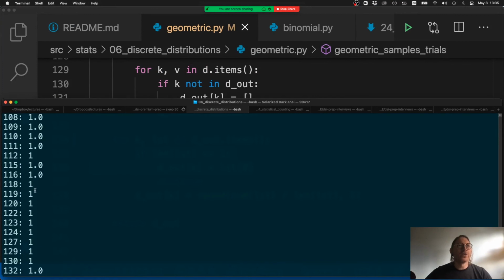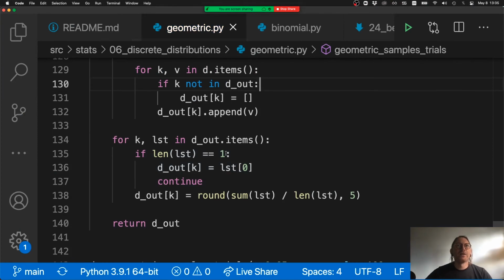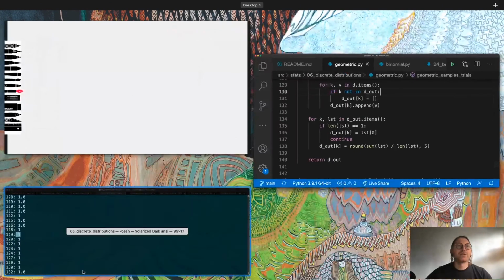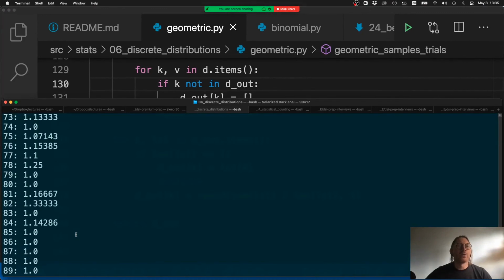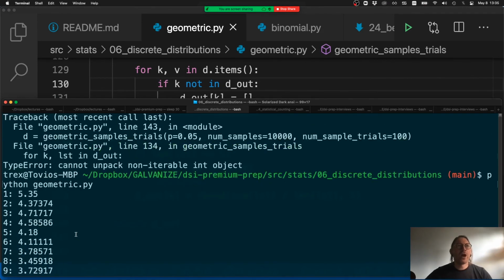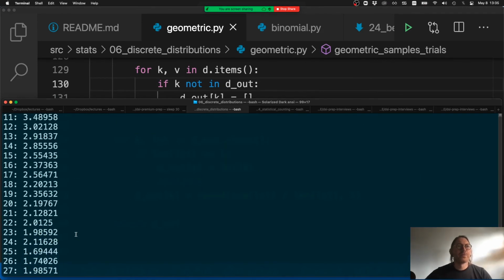So we can see all these ones that aren't 1.0. It makes sense that they're not. But yeah, we'll leave that as it is. I think it's fine. So here are our expectations.